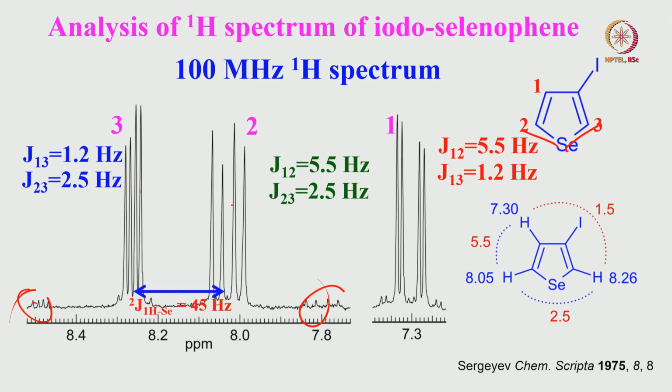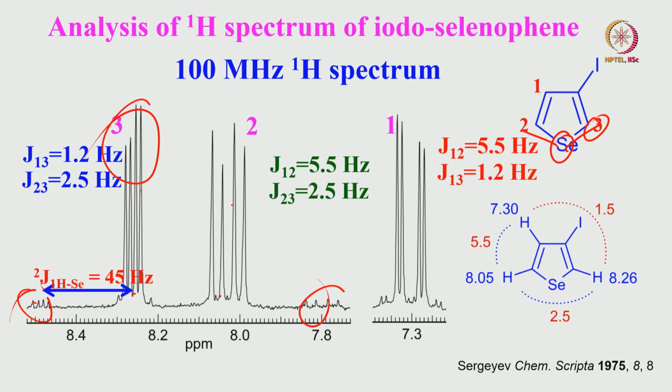So this proton can couple to selenium, and each of these lines is split into 2 peaks on either side, they are satellites. Measuring from the center of this peak to the center of that peak will give you the proton selenium coupling. As you already saw in the previous example, satellites come on either side.